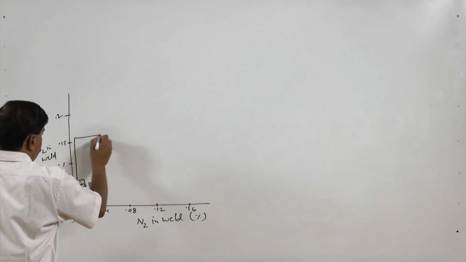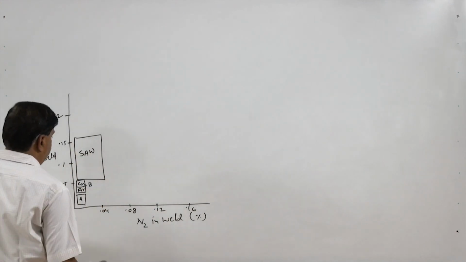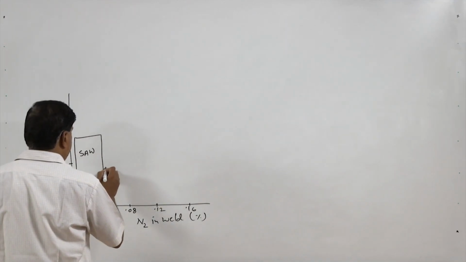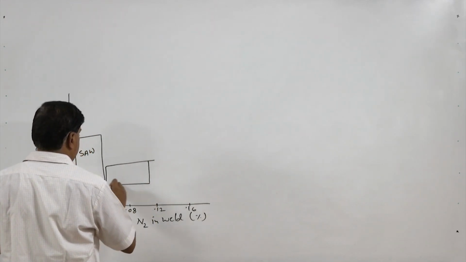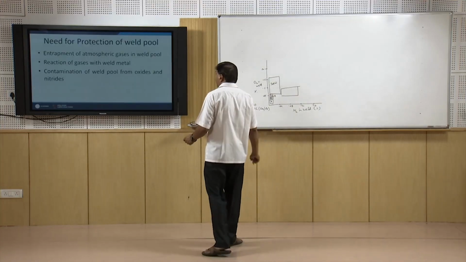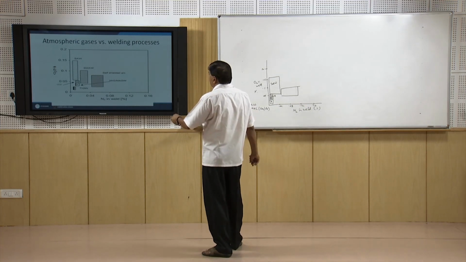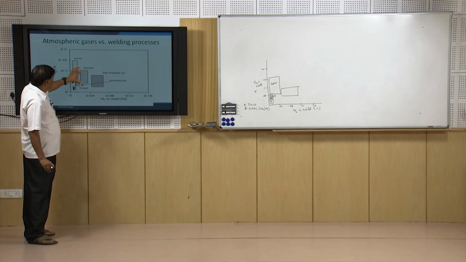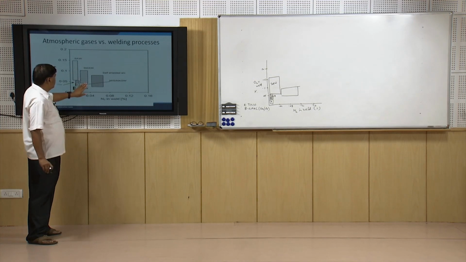The submerged arc welding process offers a much larger concentration of oxygen in the weld, and then thereafter we have the shielded metal arc welding process. This is what we can see from this diagram also: shielded metal arc welding, submerged arc welding. This is for the submerged arc welding and this is for the shielded metal arc welding process. The shielded metal arc welding process offers a greater percentage of oxygen as well as nitrogen.